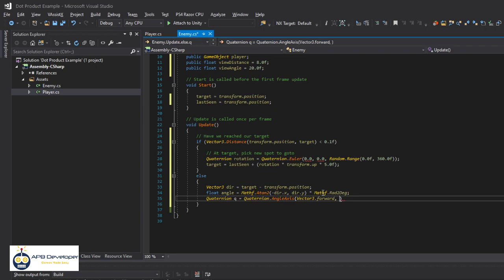Again, we're going to rotate around forwards, in and out of the screen, not up, which is the sort of direction we'd move. So it's angle axis. So this would be angle. So this is a quaternion.